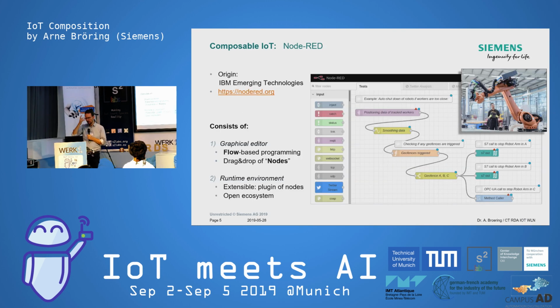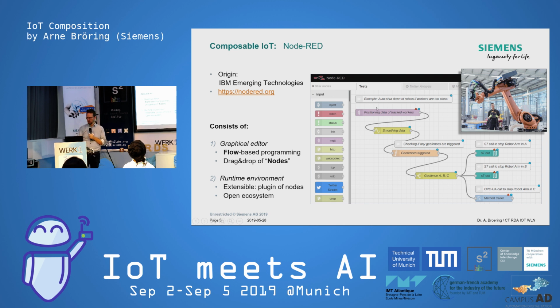Well, here on the right you see an example from Siemens, where this could be useful, just as one example. So you see here a flow that gets all the positions from the workers in a manufacturing shop floor, for example. And what we want to do is switch off a robot arm if a worker comes too close to it.